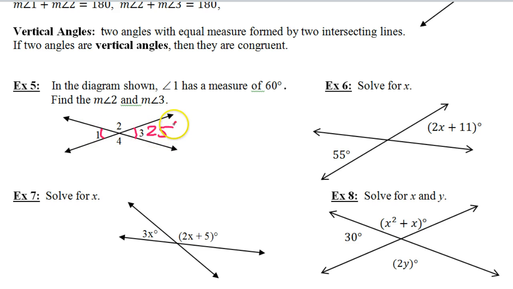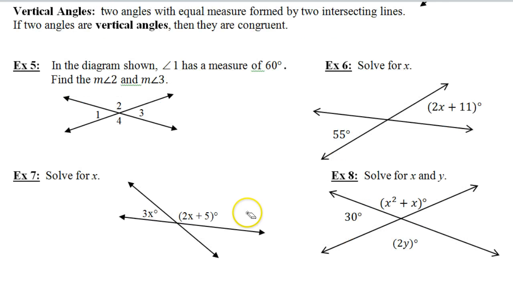So if this is 25 degrees, then this will also be 25 degrees. But at the same time, there's another pair of vertical angles because angle 2 and angle 4 are also vertical angles. So if this was 100 degrees, this would also be 100 degrees because vertical angles are equal.